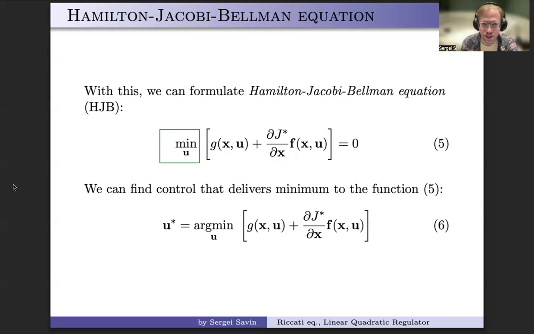Minimum over u of this expression here, which contains our instantaneous cost g plus the partial derivative of the optimal cost with respect to x, so dJ star dx, times f of x, u. And that's what we have here. That is the condition. It may look a little bit strange, but that is the condition for optimality.